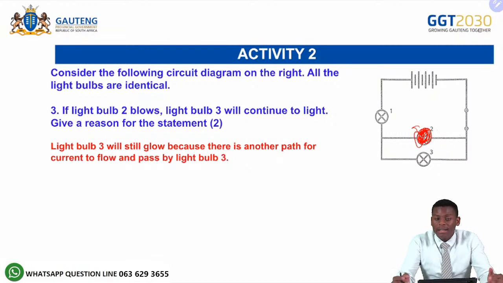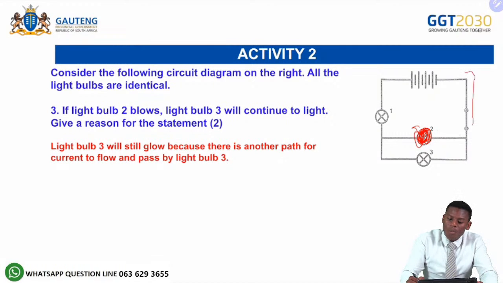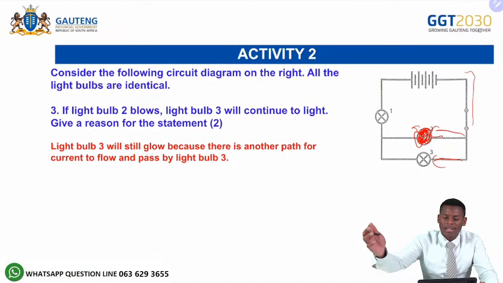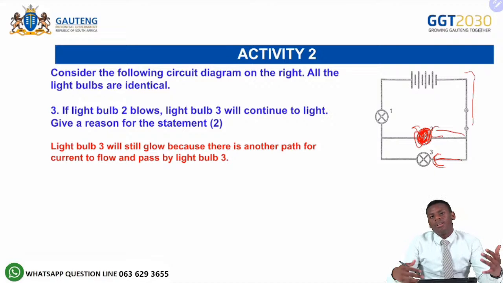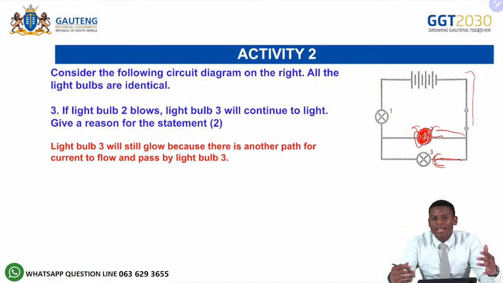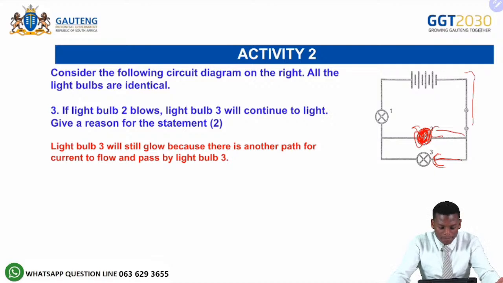Remember, we said our parallel circuit provides more than one way for current to flow. So if light bulb 2 goes off, it means our current will still pass through light bulb 3. It's not restricted because there's more than one pathway.